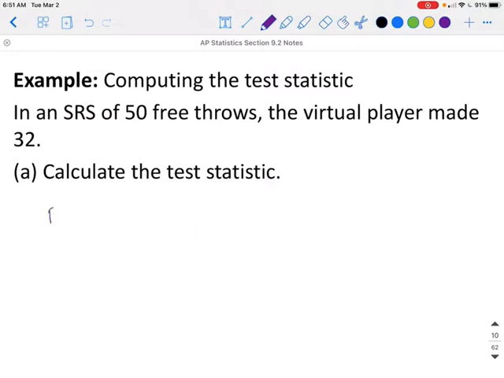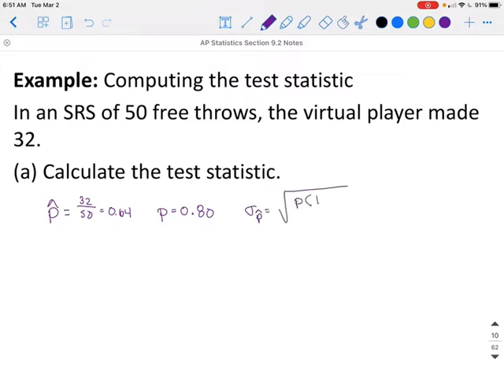Now in this case, we know that our p-hat is 32 out of 50, or 64%. We know that our p is 80%, and we've already found it, but normally you would need to find the standard deviation.